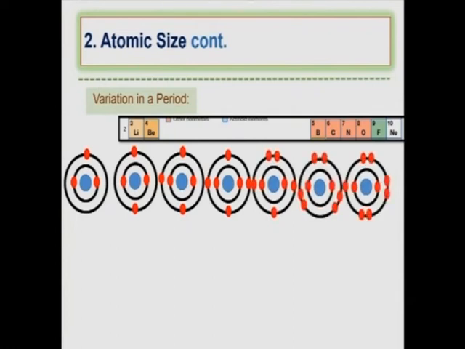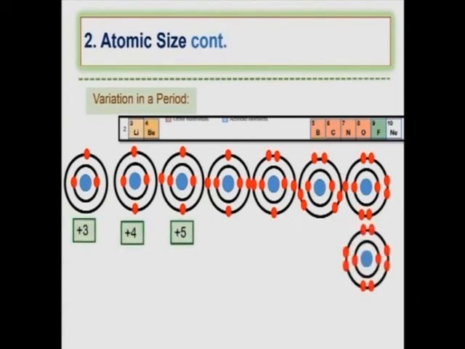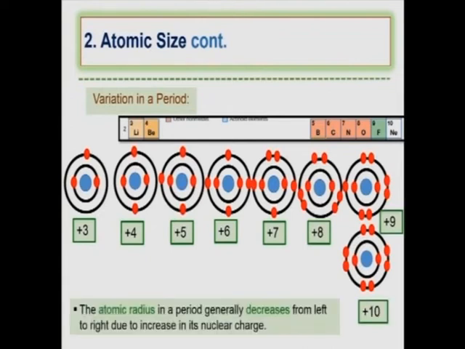In the picture, it may seem like it is the same size, but remember that as we move from left to right, the size goes on decreasing. Why does the atomic radius decrease when you move from left to right? This is because of the increase in the nuclear charge.